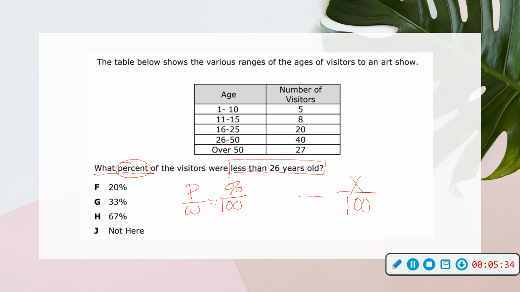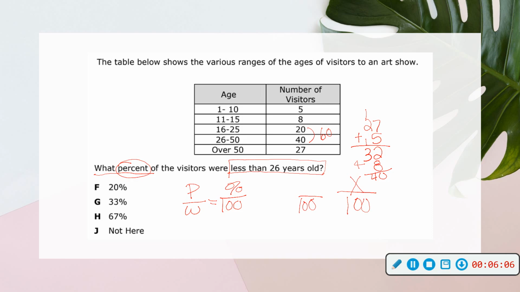So in this case, to figure out my whole, I'm going to just add them up together. So in this case, that's 60 plus 5. That gives me 32. 32 plus 8. That gives me 40. 40 plus my 60, that gives me 100.